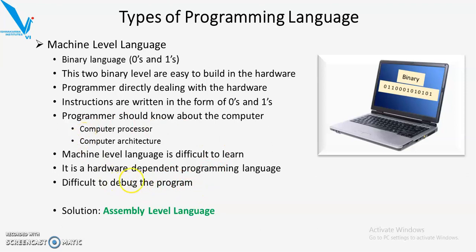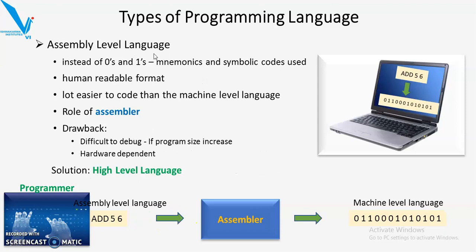Therefore, to resolve this issue, another type of programming language was invented, and it is called assembly level language. This assembly level language is also known as second generation language. In this assembly level language, instead of zeros and ones, mnemonics and symbolic codes were introduced.